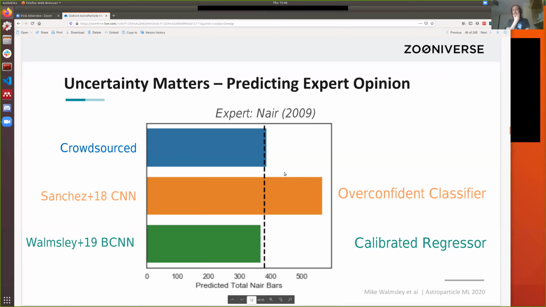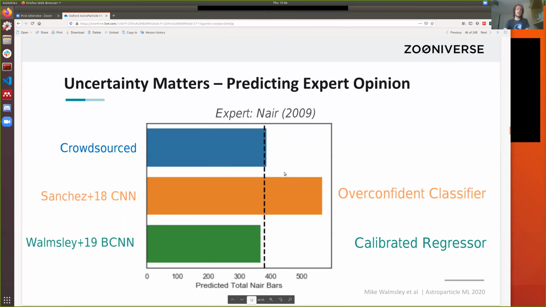Why is that? It's because the convolutional neural networks, as people usually train them, are extremely overconfident when you look at a large sample. So the mapping between what the normal neural network would predict and what the volunteers would predict, they usually agree, but they're very different confidences. The network is usually overconfident.